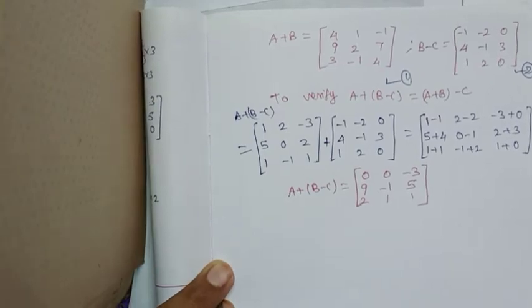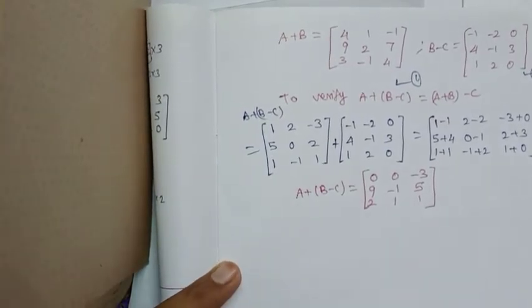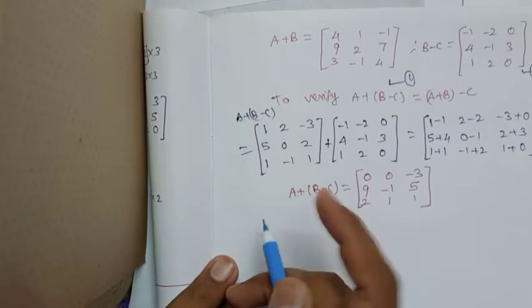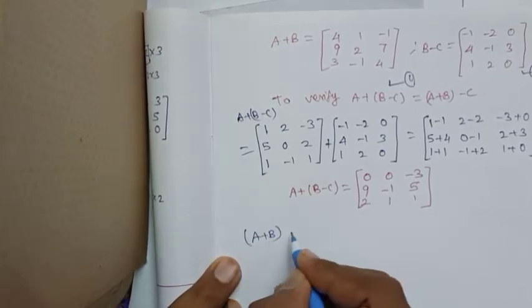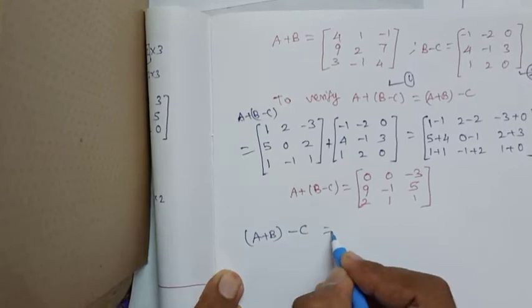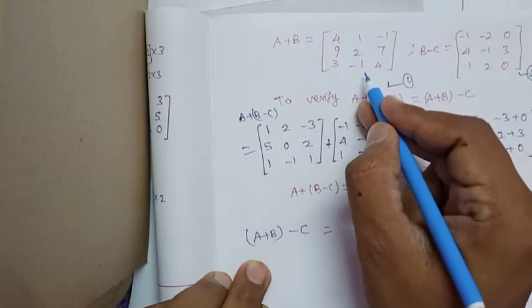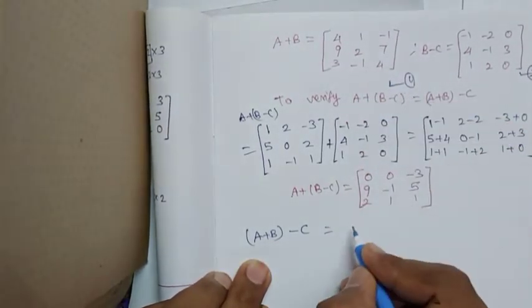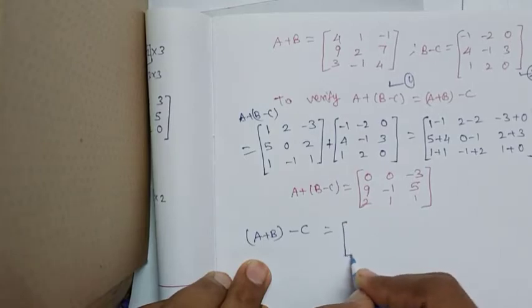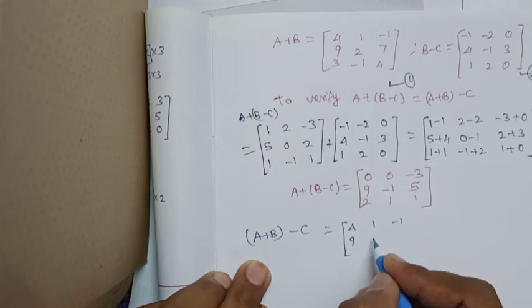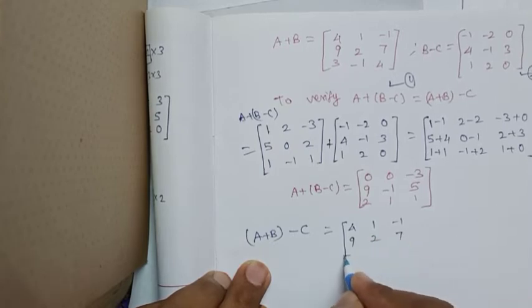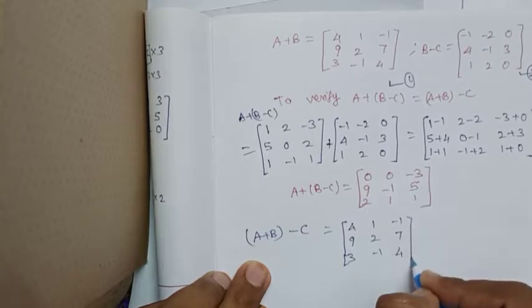Okay, next we can find the right hand side, that is (A plus B) minus C. From equation 1, that matrix is 4, 1, minus 1, 9, 2, 7, and 3, minus 1, 4. Next, minus the C matrix.